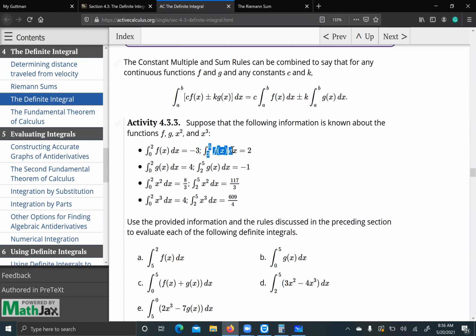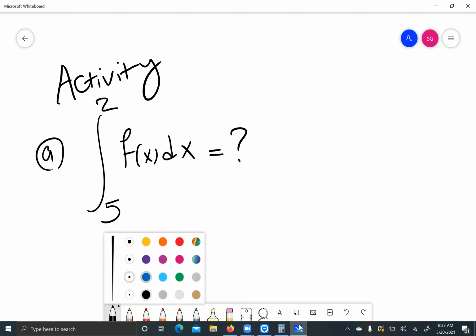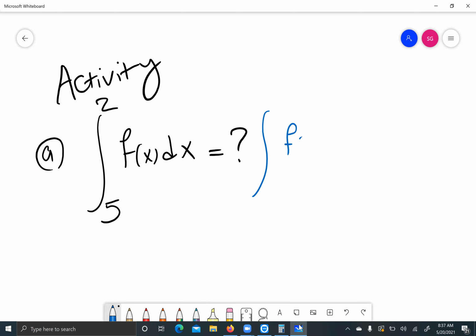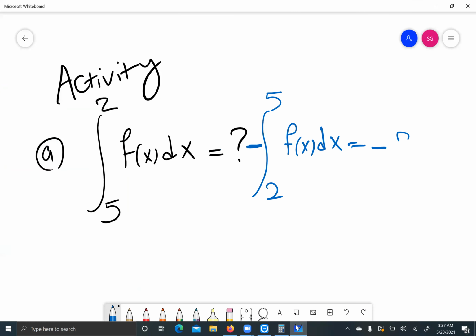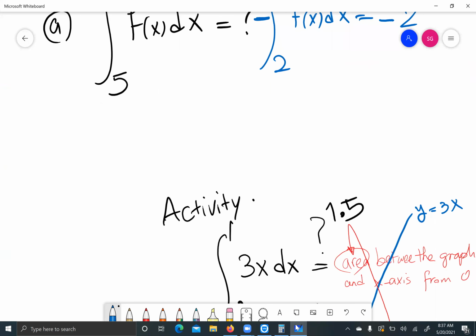We know the integral of f from 2 to 5, which is 2. Since this is the opposite, it's going to be the same value but with negative sign. In other words, this is the integral of f of x dx from 2 to 5 with a negative sign. What is the value of the integral from 2 to 5? It's 2. So it's going to be negative 2. Maybe I do one more.